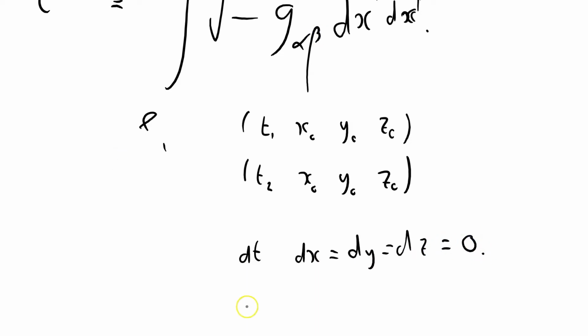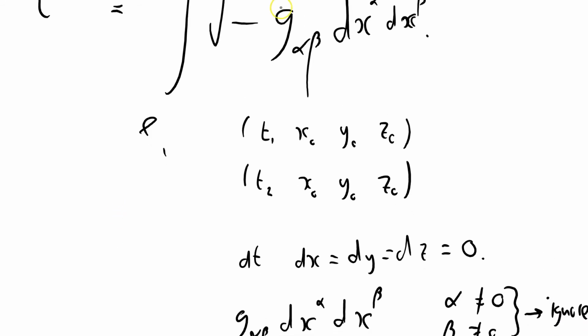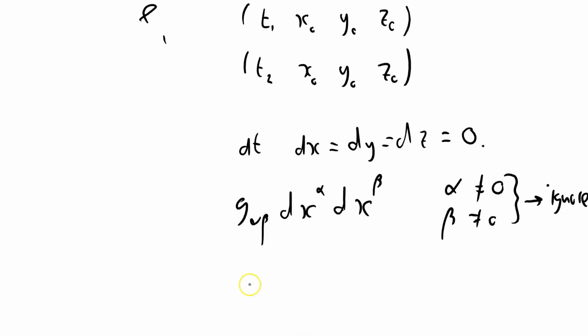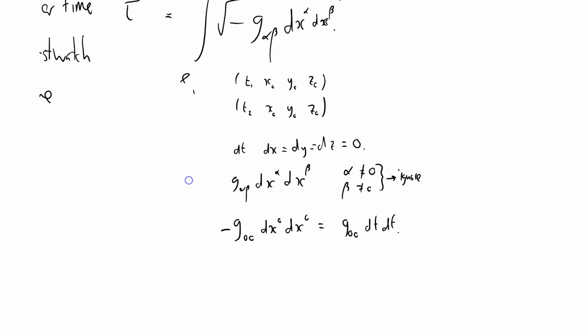And so in this term, g alpha beta dx alpha dx beta, if alpha is not equal to 0 or beta is not equal to 0, we can ignore those terms. So what have we got left? We've got g00 dx0 dx0, which is, I'm sorry, there's a minus sign, g00 dt dt.